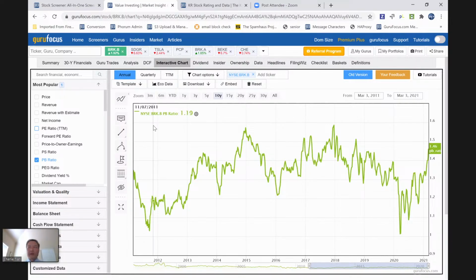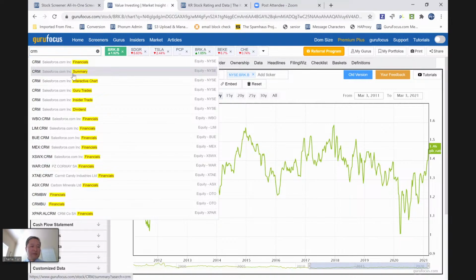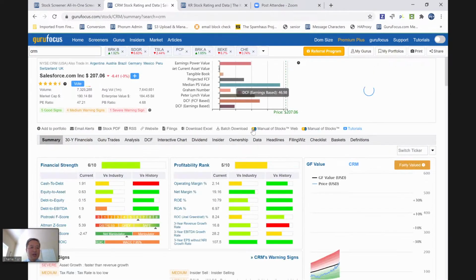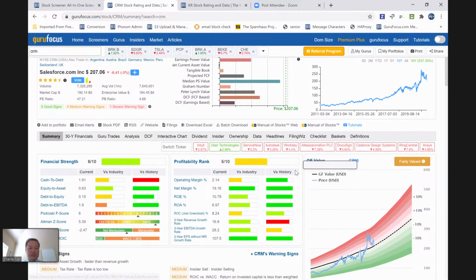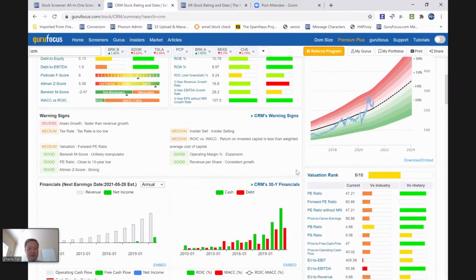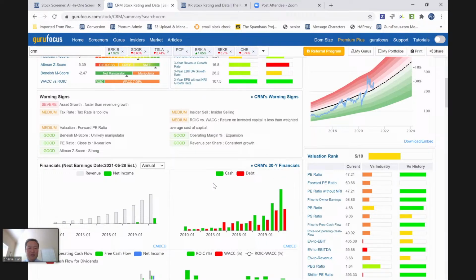Okay, someone's asking about CRM, so I will go through CRM here. It's Salesforce. If I come to the summary page, I personally don't like CRM very much. The reason is that the company has not been making money consistently. I know the company is growing quite fast.